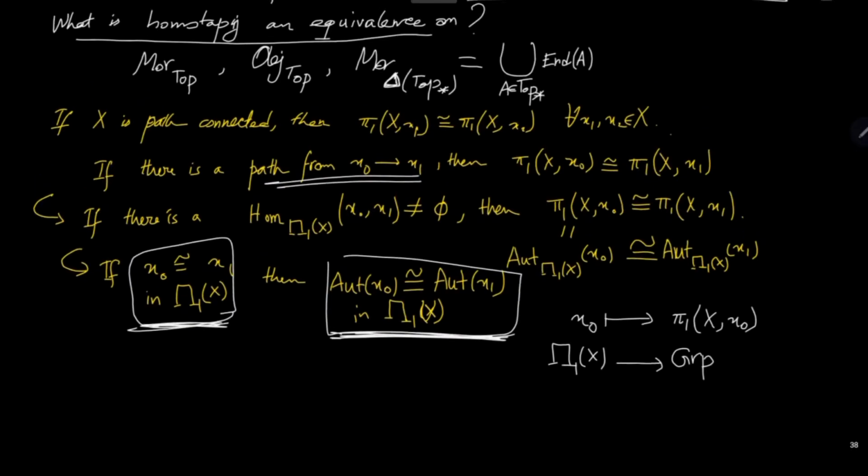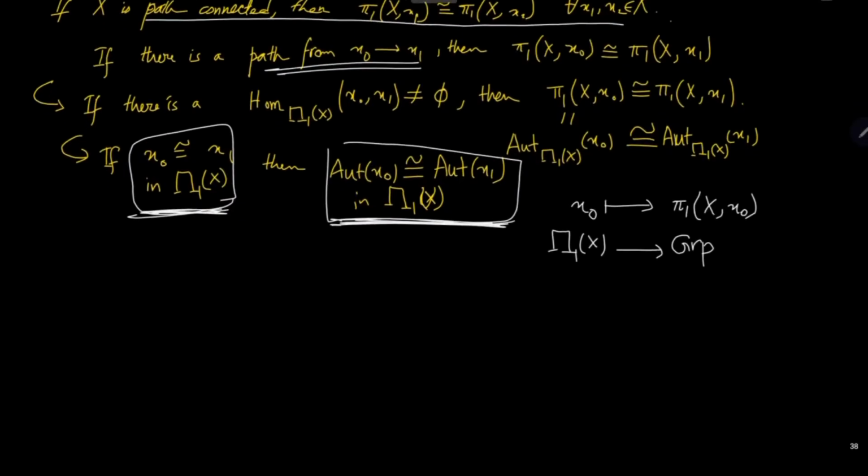So this fact would require some kind of argument that there is a path, say from I to X such that f of 0 equals x0 and f of 1 equals x1.